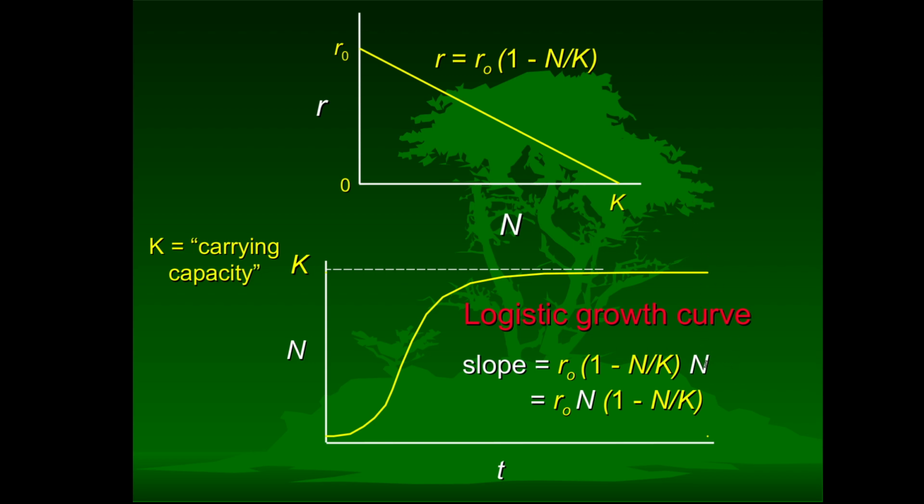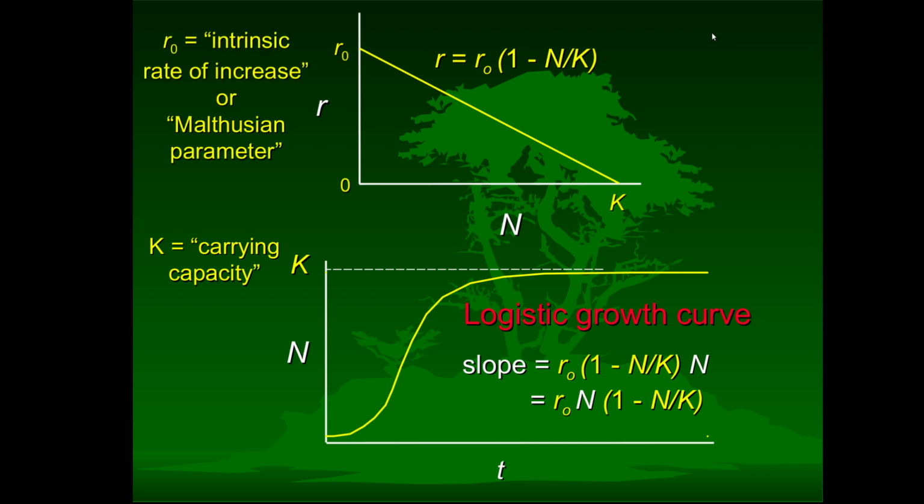So little r0 is the maximum possible per capita rate of increase, which occurs when n is very small. Little r0 is called the intrinsic rate of increase, or the Malthusian parameter, after Thomas Malthus.